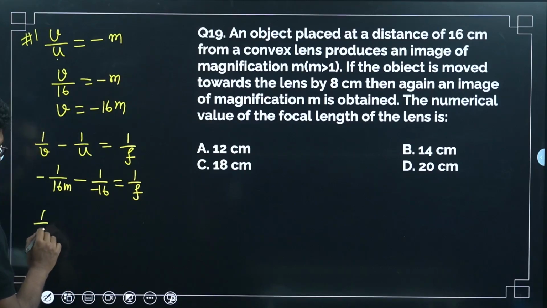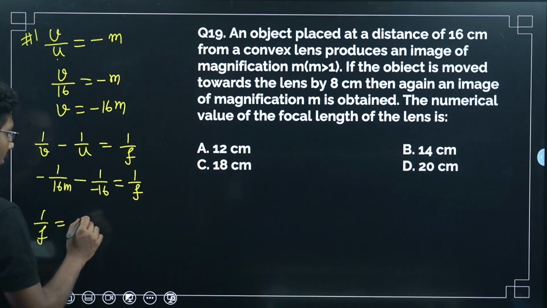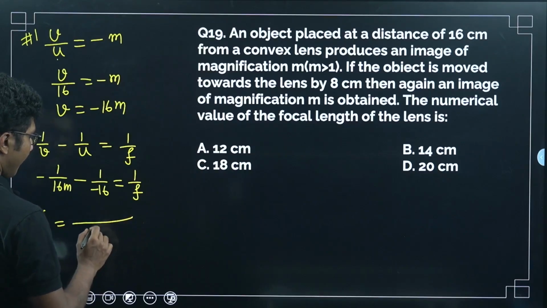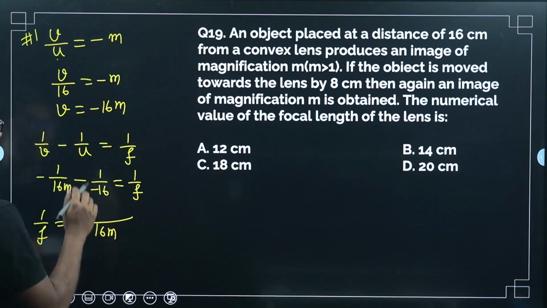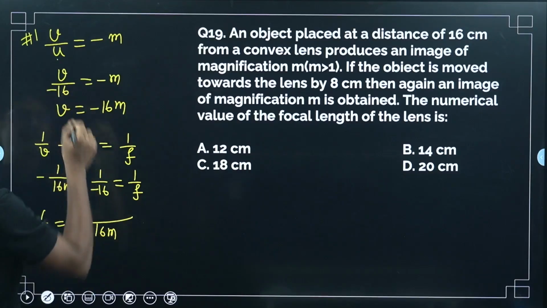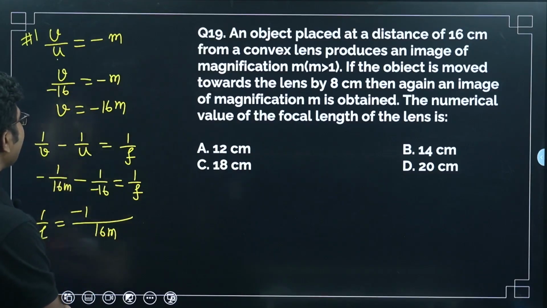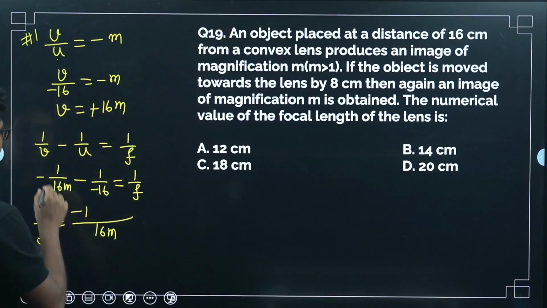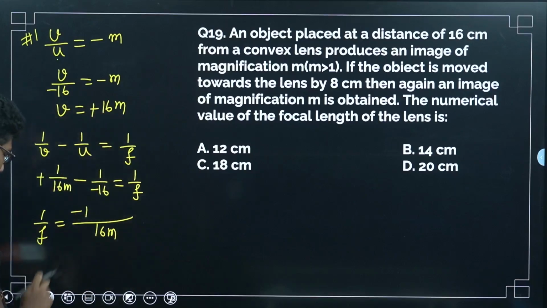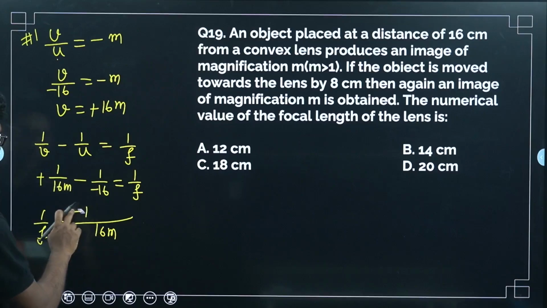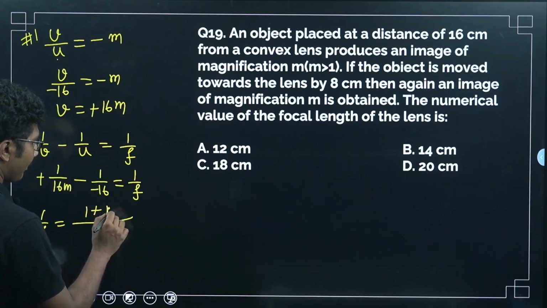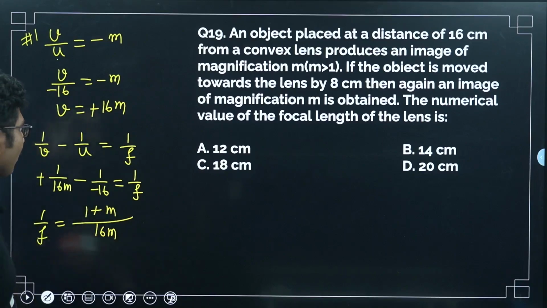So 1 by f equals 1 plus m over 16m. One more thing, this u will be negative, so v should be positive, since v is on the other side. That's what I am thinking, why it is coming negative. So this is the f from equation 1.